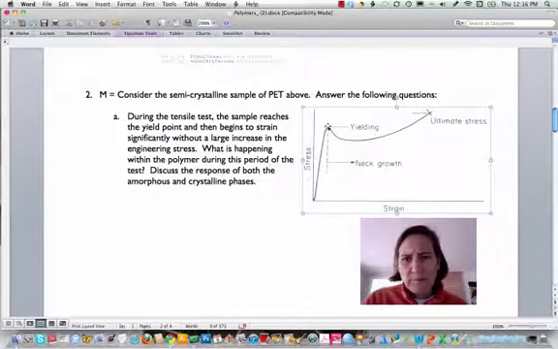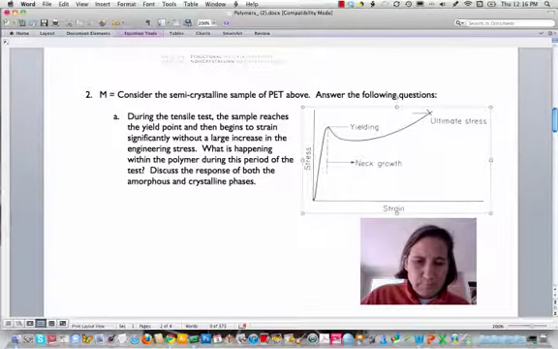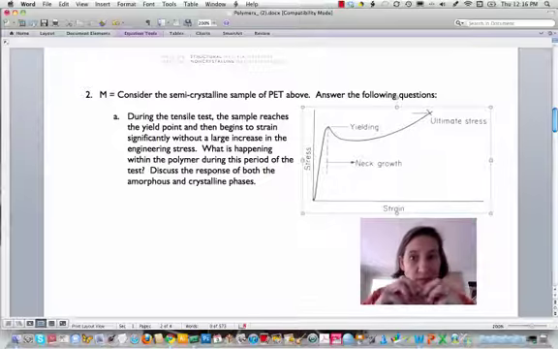So presumably we're above the glass transition temperature, and so what happens after yielding is that the molecules are rotating about the bonds along the length of the chain in order to accommodate the changes in shape.